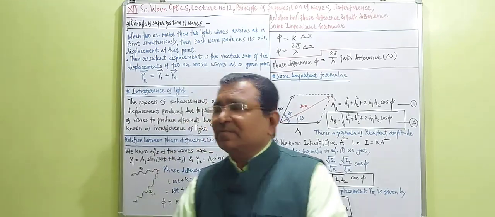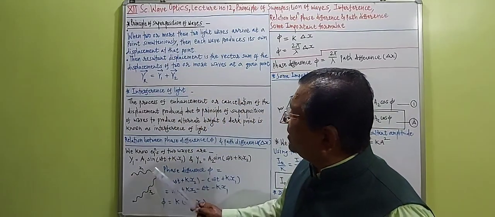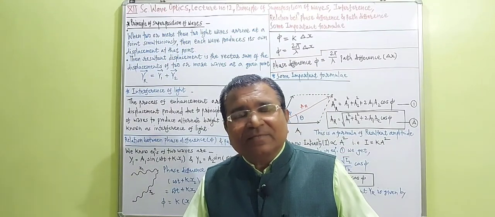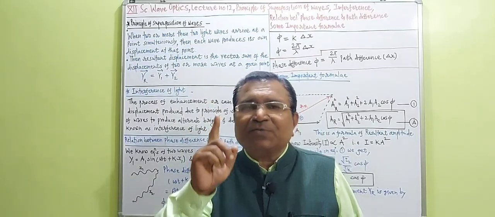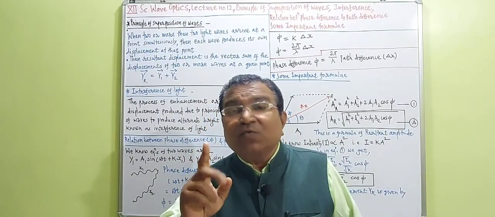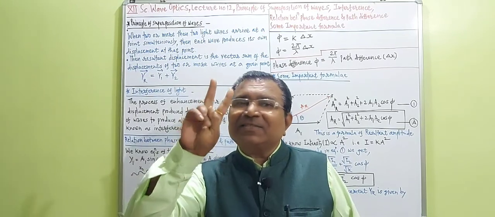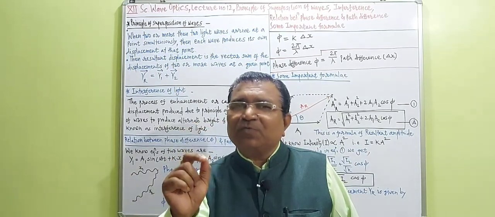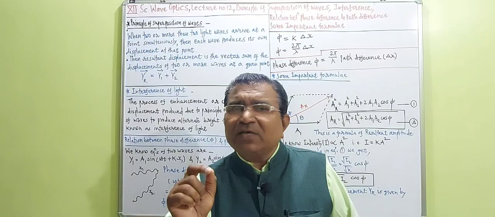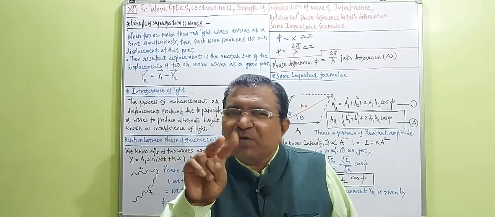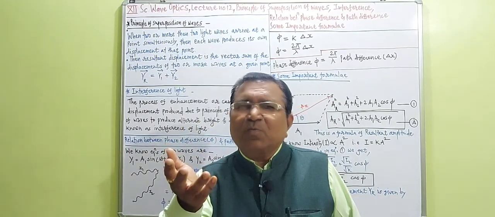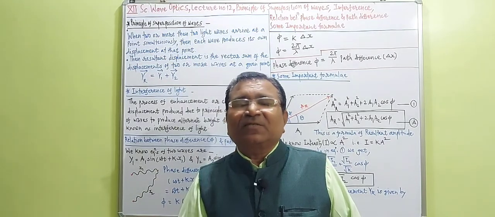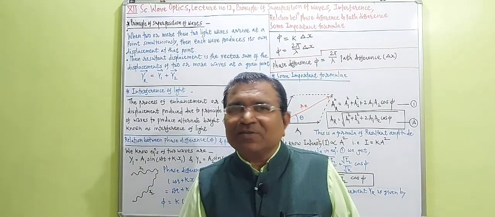Well, see here, I have taken a certain point here, and remember that for the principle of superposition of waves, we require at least two light waves. Two or more than two waves, but two waves are a must.